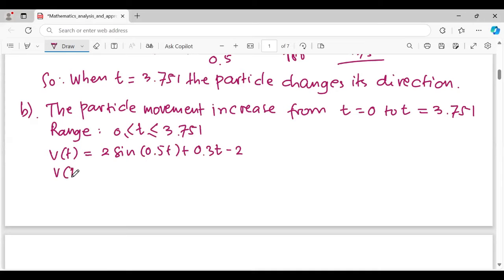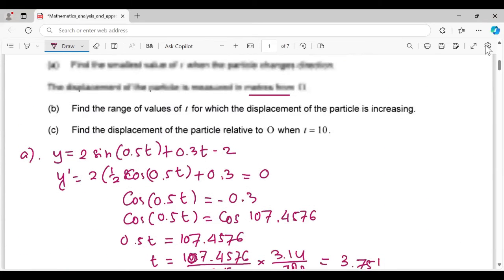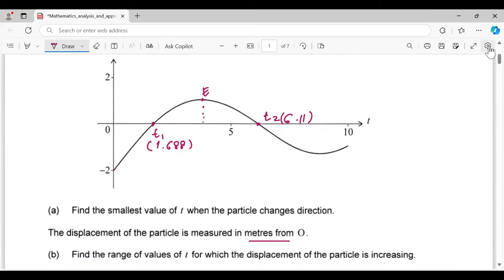I already checked one by one the velocity, if t equals 1, taking 1, because if you look at this graph, this 10, 5, it means here is 2.5 and here is 7.5.